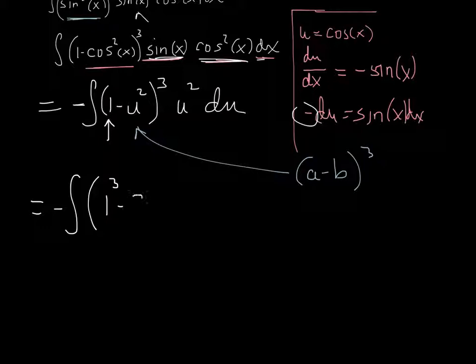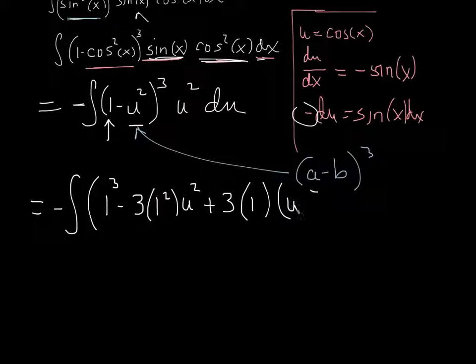Then you take 3 times the a, which is my 1, and square it, times my b term, which is u squared, plus 3 times my a term, leave it alone, times my b term squared, and then minus my last term cubed.